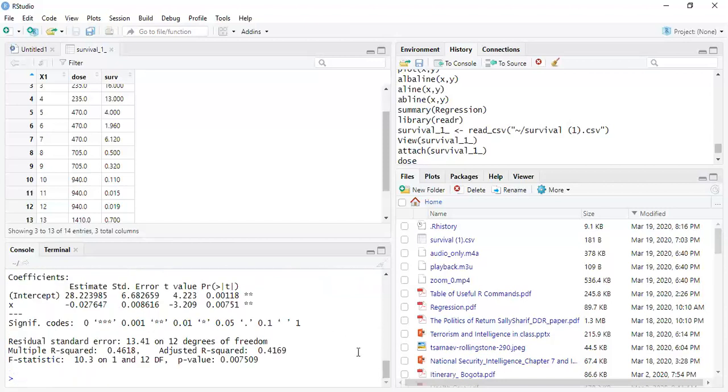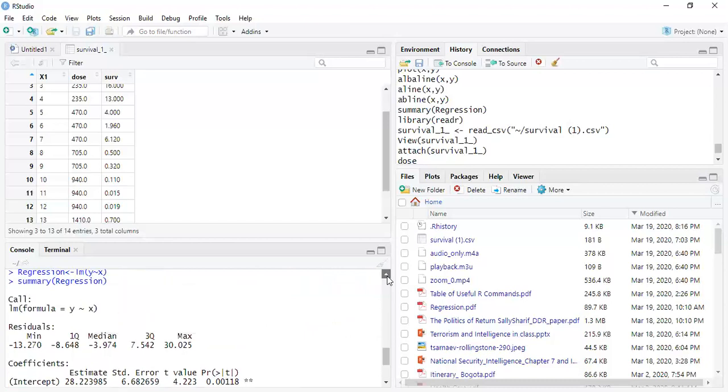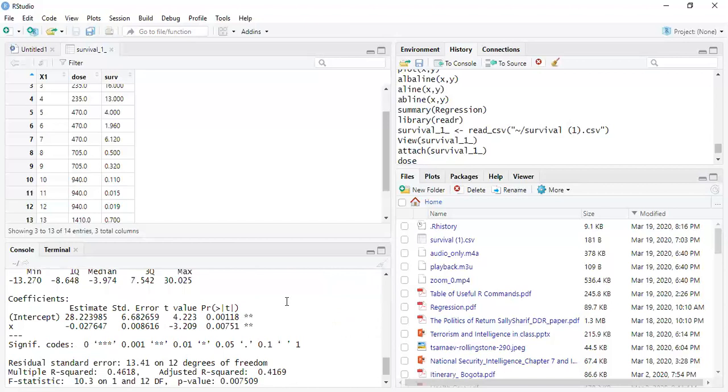And here we are in all its splendor. So basically, we just did a regression analysis, and we're going to quickly go over what this means. Don't worry right now about the intercept; this is not going to be significant for us. But the estimate for x, which is the independent variable, is going to be very important.